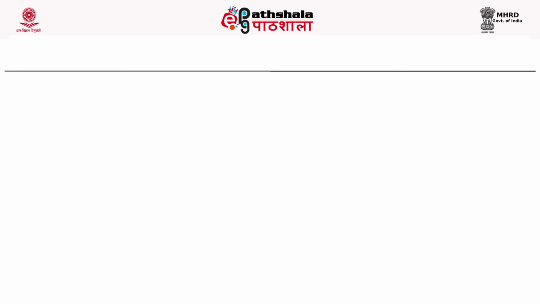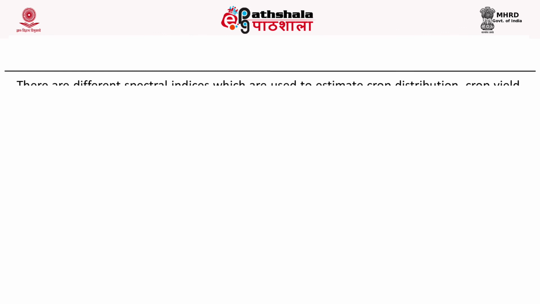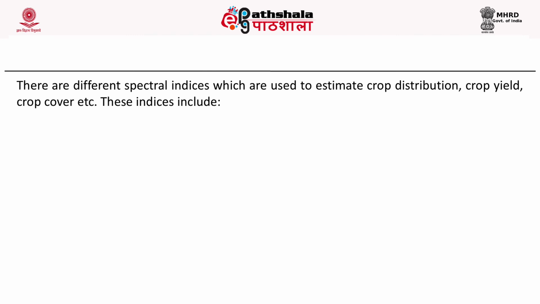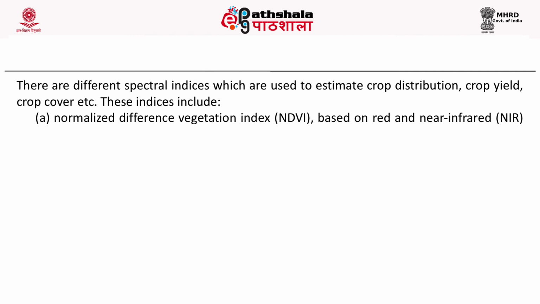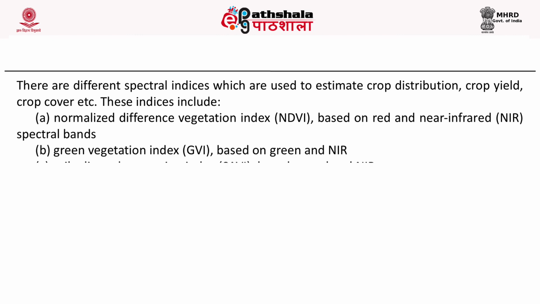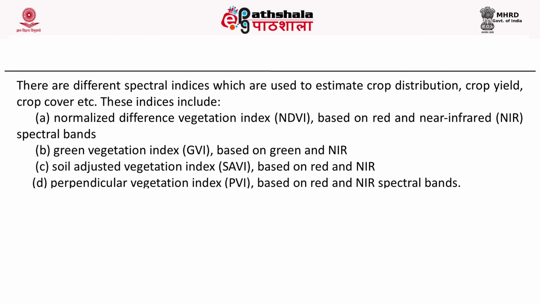So, there are different spectral indices which are used to estimate the distribution of crops, crop yield or crop cover. Some of these indices are the normalized difference vegetation index, popularly called as NDVI, which is based on the red and near infrared spectral bands.